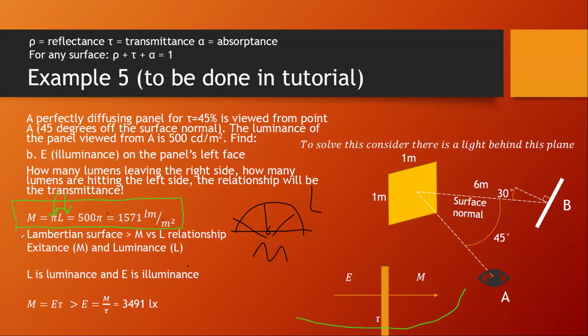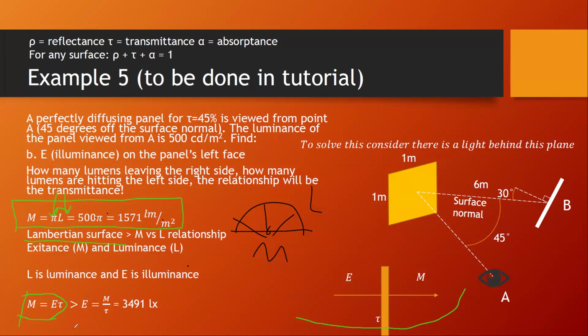The reason we have this Lambertian surface here, or Lambertian, I don't know how you pronounce that, I think I forgot to check it. For the Lambertian surface, you have this very established equation.